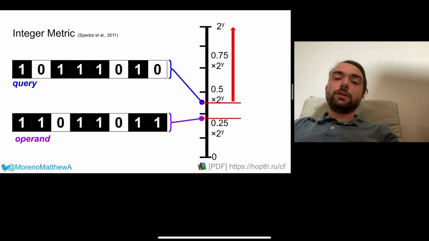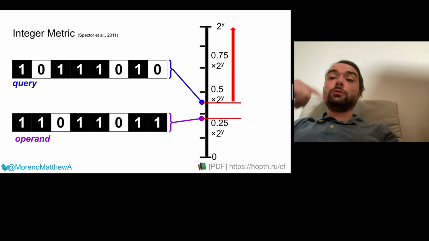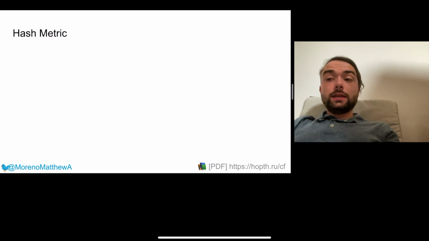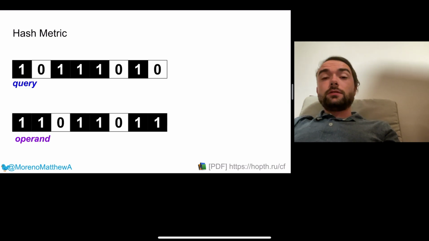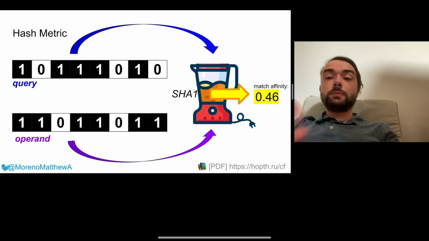We also looked at a variation of this metric, which specifically looks for how far above the query the operand is, only looking in one direction, which introduces kind of interesting asymmetries into the tag matching process. And finally, we introduced the hash metric as a kind of control. This metric takes two tags, runs them through a cryptographic hash, which spits out an arbitrary but deterministic match affinity.